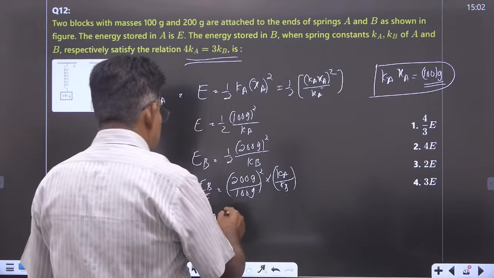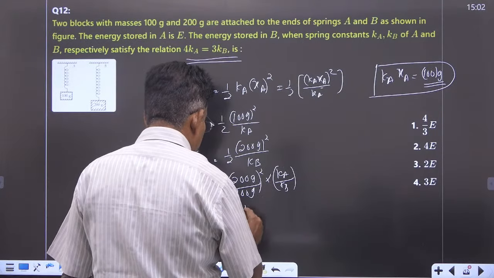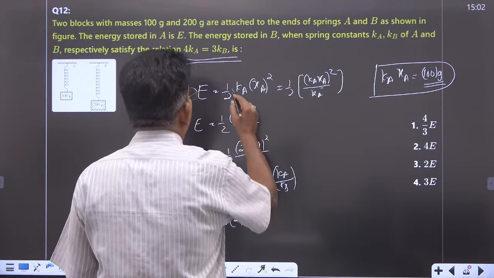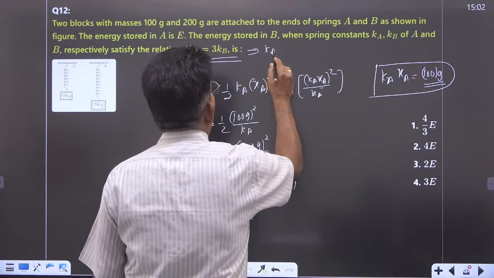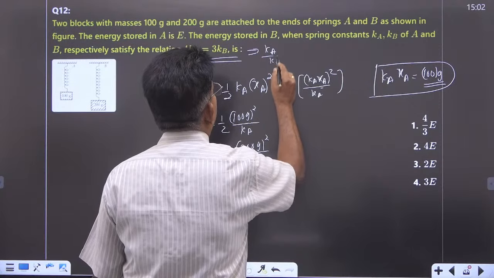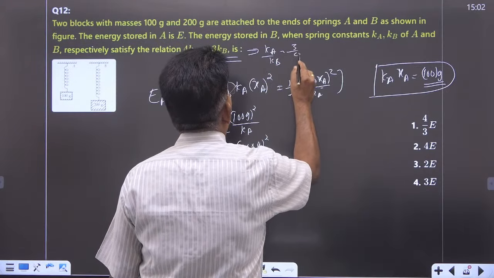Now 200 g by 100 g, whatever the unit may be, it will be 2 square into Ka by Kb. From the given relation, Ka by Kb is equal to 3 by 4.